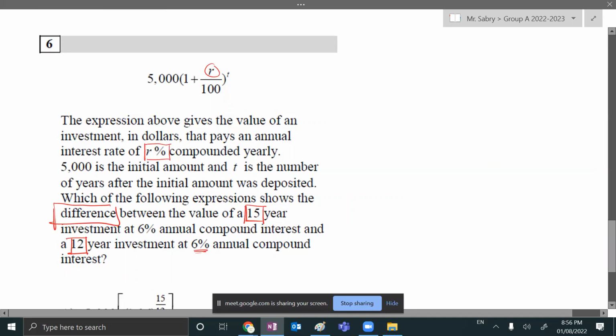So we'll get first the 15 one, using the 6% annual compound interest rate. I'll put the 5,000 as it is. I'll leave the 1 as it is. Instead of the R, now I'll put the 6. And instead of the T, now I'll put the number of years, which is 15. And then minus the other case, which is 12 years.